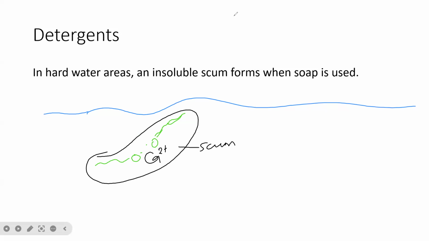So if this is from stearic acid, let's say sodium stearate. Sodium stearate is our soap. Sodium stearate comes into water, ionizes into sodium ion and stearate ion. The stearate ion is now attacked by calcium ions to form calcium stearate.